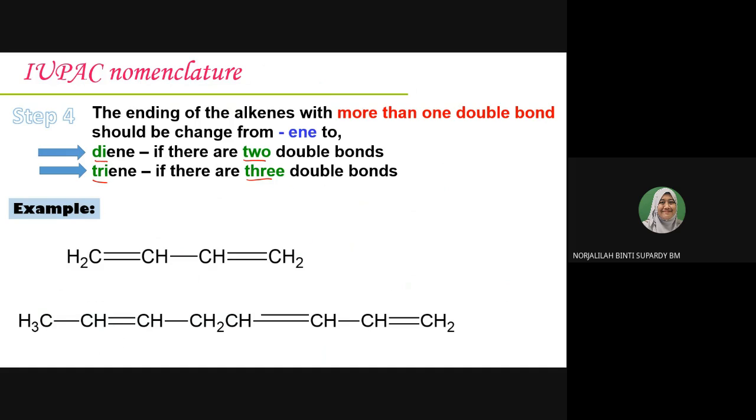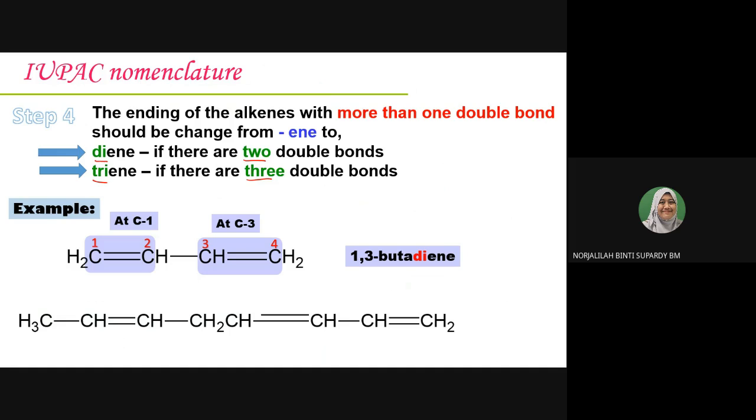For example, the first structure, the top one, has 4 carbon atoms with 2 carbon-carbon double bonds, at carbon number 1 and carbon number 3. Therefore the nomenclature will be 1,3-butadiene.